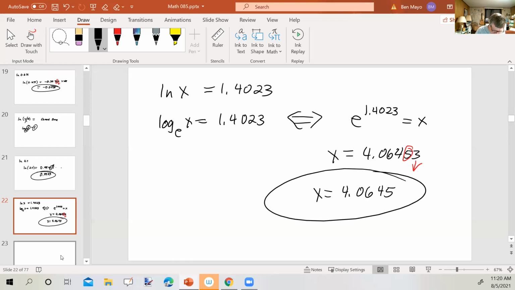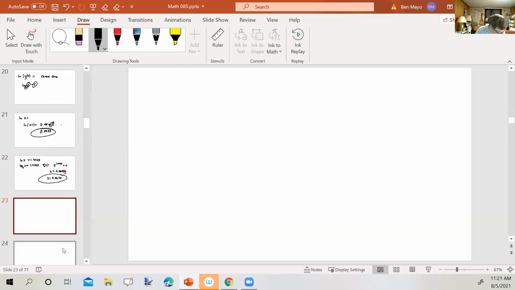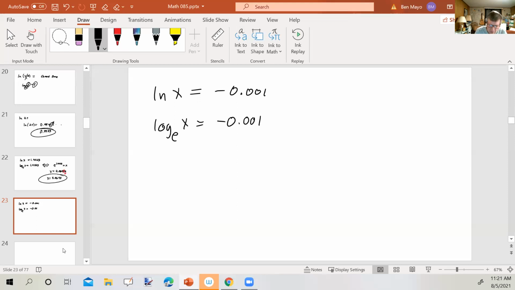Okay, let's do another one of those. How about this? The natural log of x equals negative 0.001. So again, this is log base e of x equals negative 0.001. Changing this logarithmic equation into an exponential equation, e to the negative 0.001 equals x.